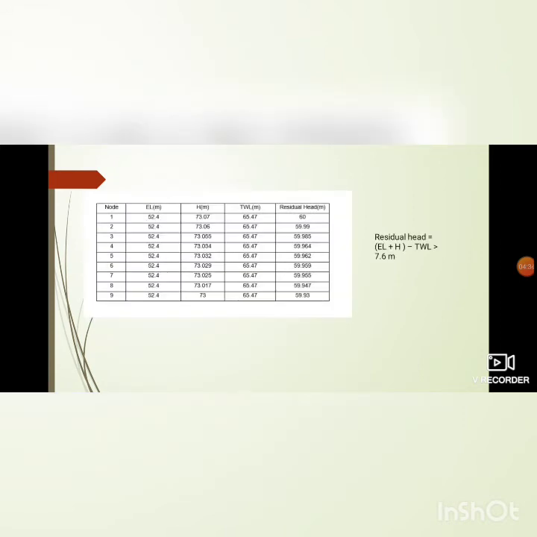So, the residual head is equal to elevation level plus H minus top water level, which must be greater than 7.6 meter. So, for this project, we can see that we get values greater than 7.6 meter.